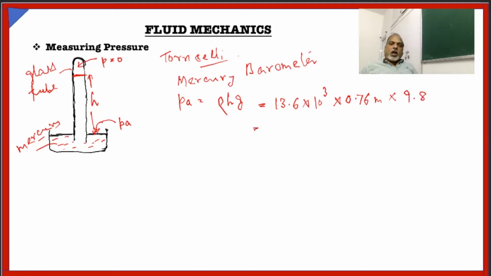So this is how he calculated, and he found that atmospheric pressure is around 1.01 into 10 raised to 5 Pascal, or we can write it as Newton per meter square. So this is the atmospheric pressure we calculated, and this device was known as Mercury barometer.